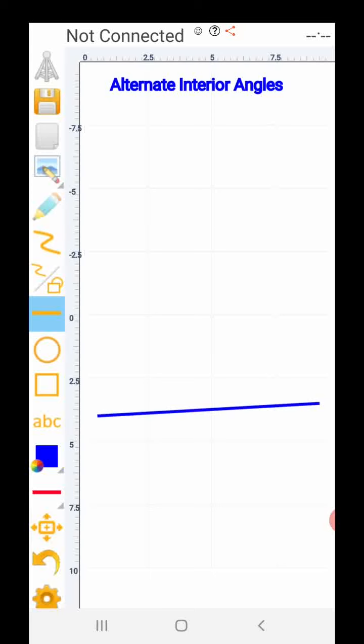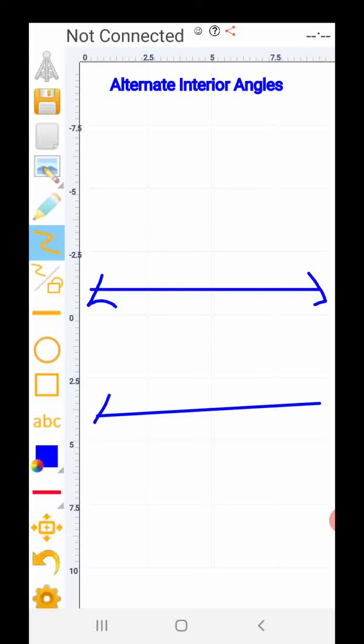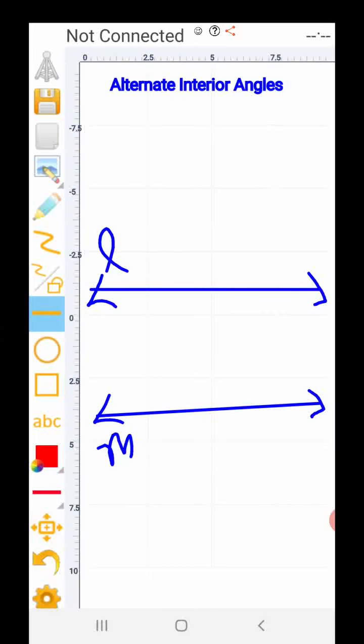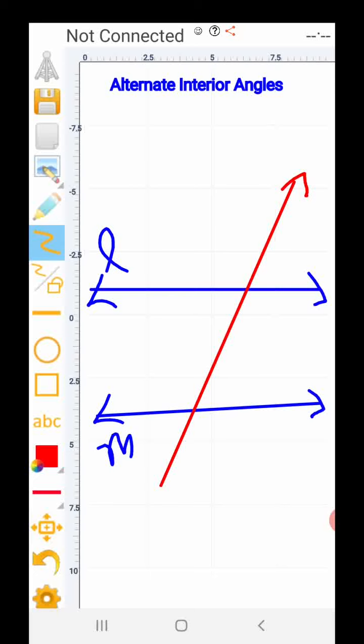This one and this one. Similarly, this one is named L, another is M. Now I draw another line, suppose this one, and give the name P.